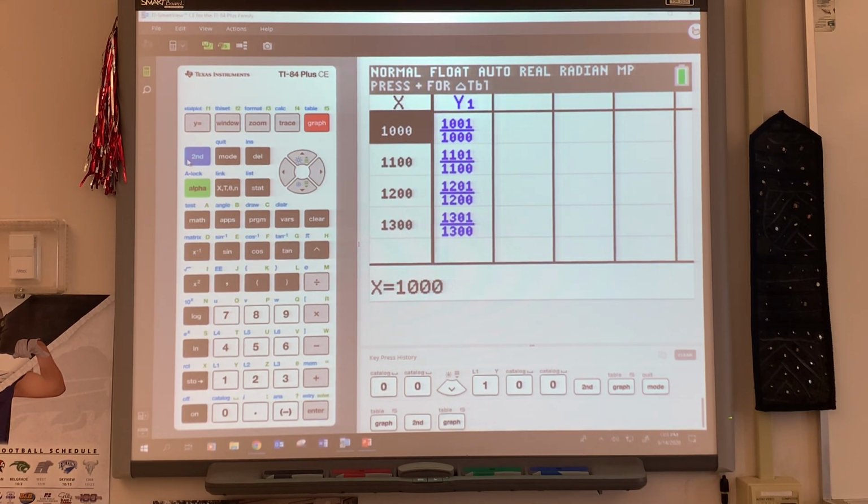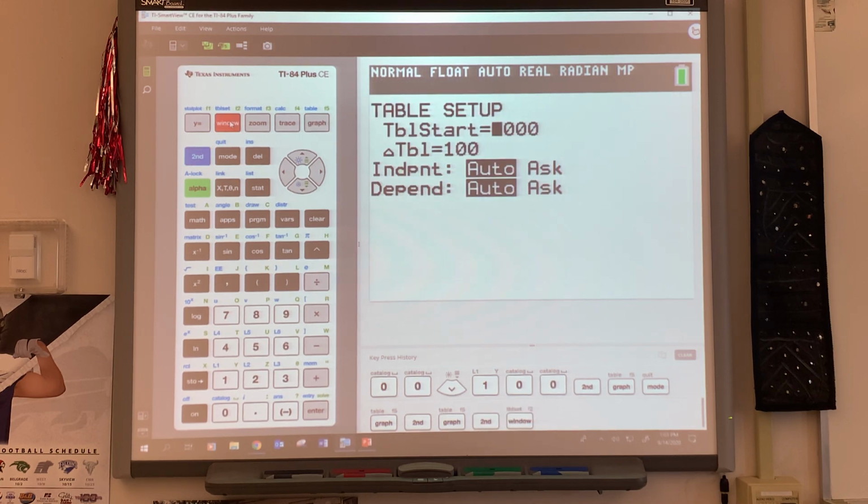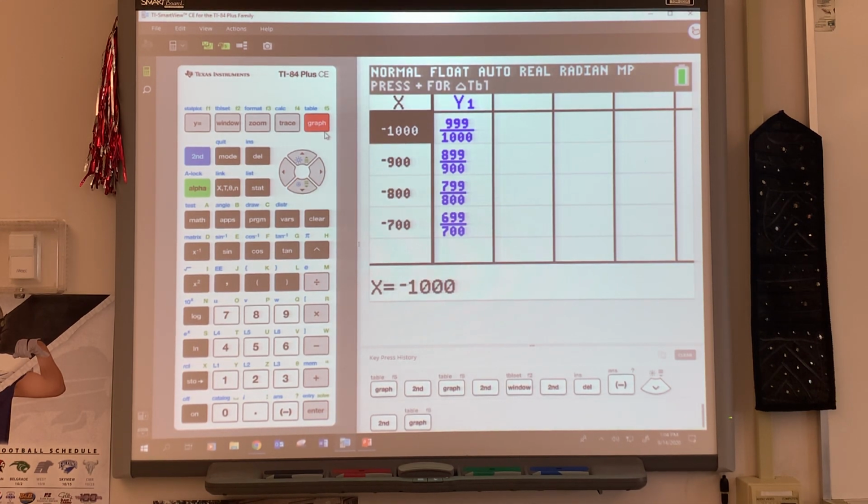Negative infinity, again, we've already looked at the graph. You can make a slight change here, go second insert, put in a negative right there. Okay, delta table being 100, and we go second table. And now once again, as I keep going further and further up, okay, we're approaching 1.